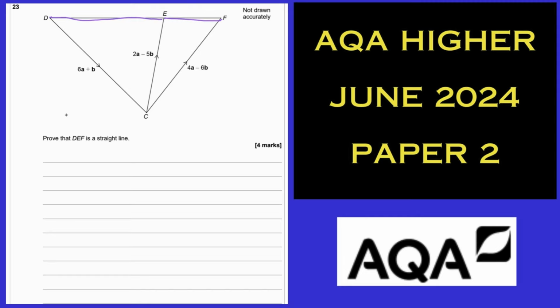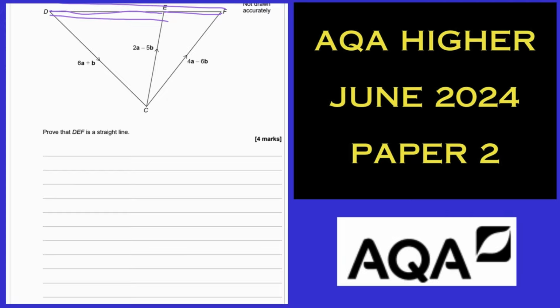You can times by 1 and so on. Or you can do DE and DF, and a similar approach. Either one, both will work. I've gone for the latter. So how do I get from D to E? I go with this vector.